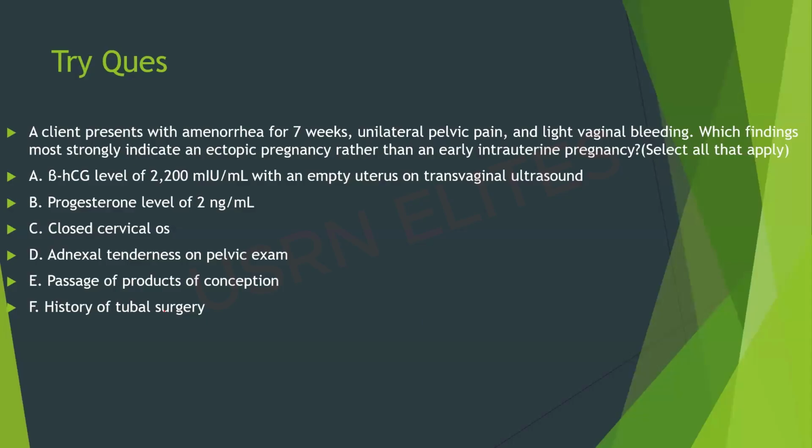I think the question is not clear to some of us. I think a closed cervical os will mostly be a normal observation in early pregnancy. Yes, because the question is asking for something that strongly indicates, that should be present in only ectopic pregnancy.